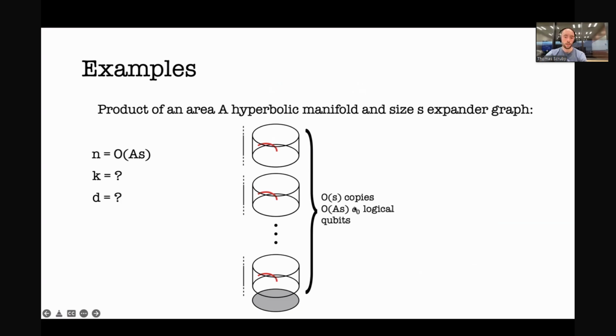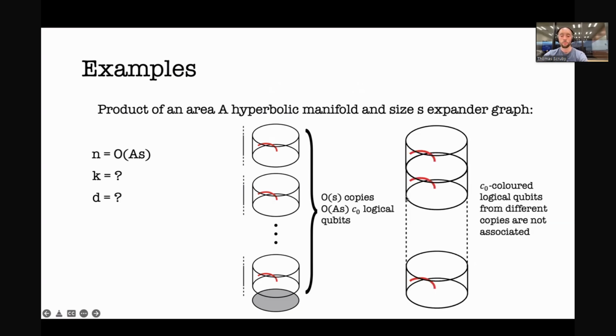And in particular, there's going to be order S C0 colored logical qubits in each copy. So these are the red ones that I've drawn here. There's order S in each one. And then when we re-glue, we're going to save some physical qubits by doing the gluing. And then we'll have a linear rate as long as we don't lose some extensive number of the logical qubits.